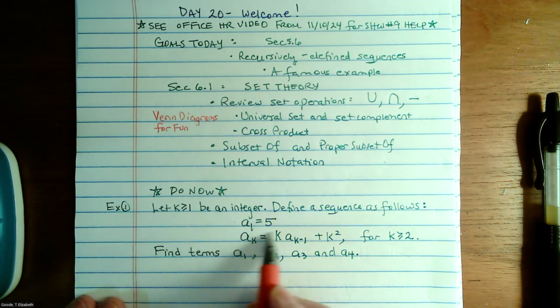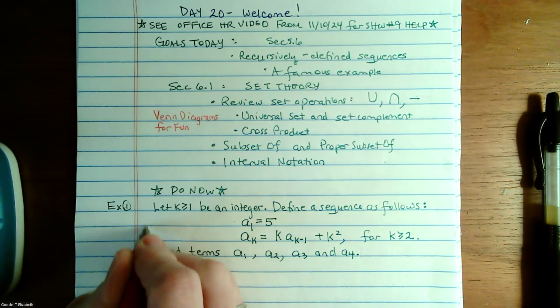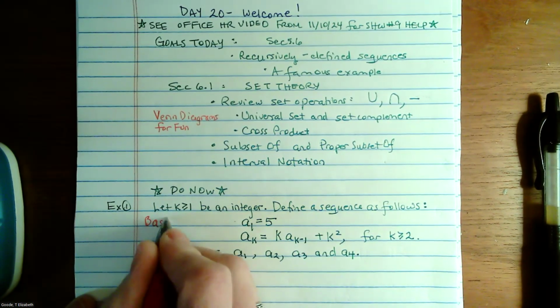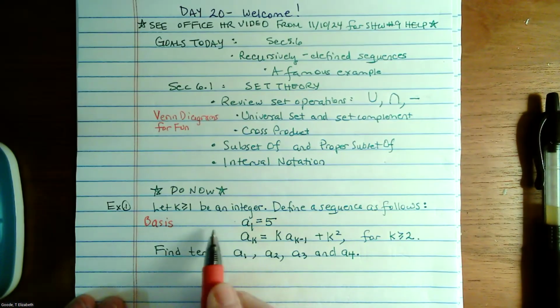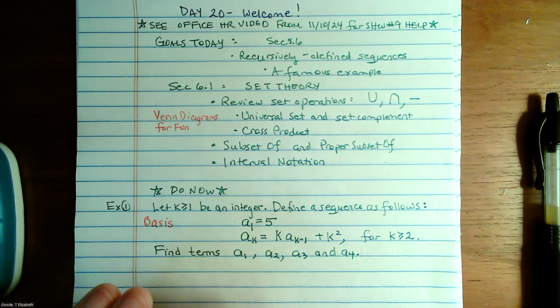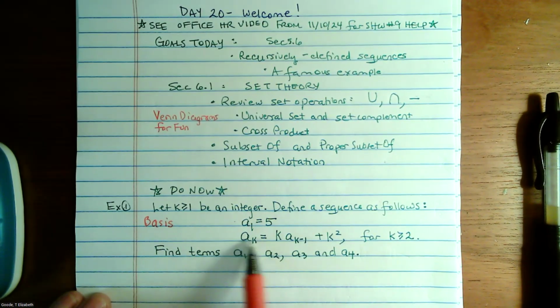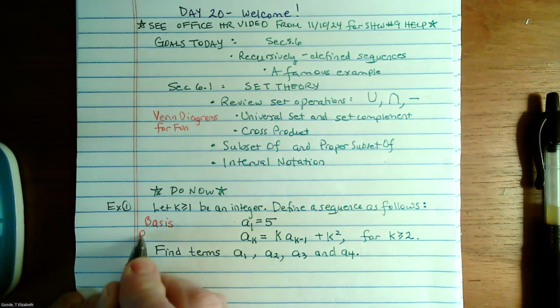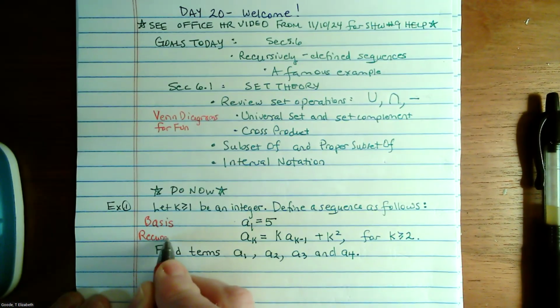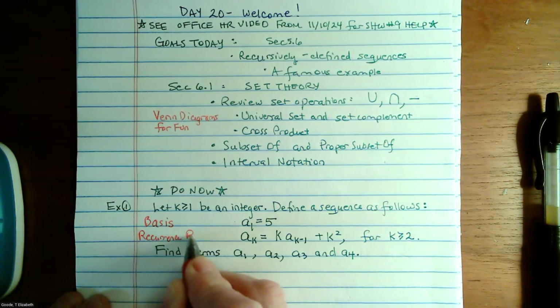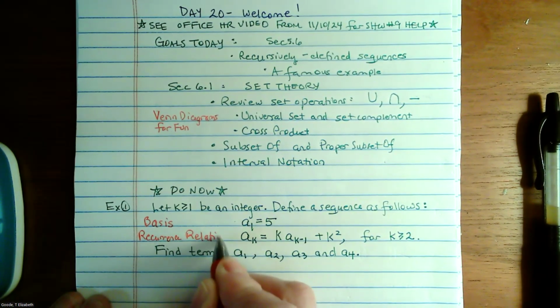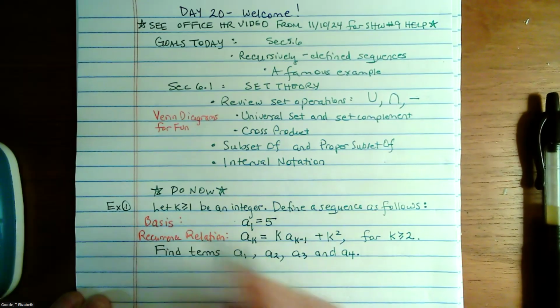The first part gives us the actual values of some initial terms. And interestingly enough, it's sort of like induction. This is called the basis of the recursive definition. It sort of tells us where we get started. And then there's another part of the definition that's called the recurrence relation. And it tells us what is the essential nature of the sequence.